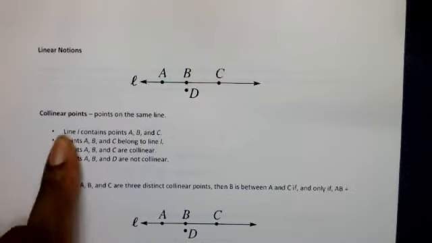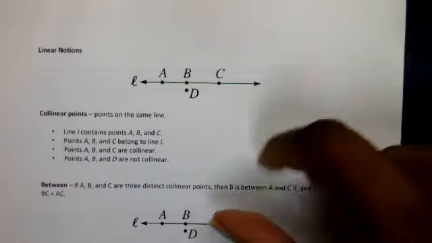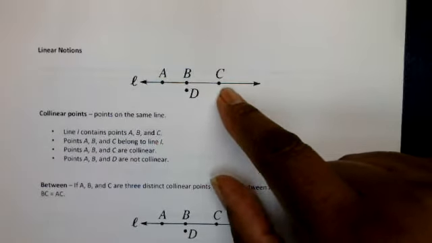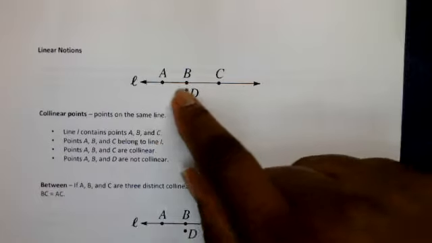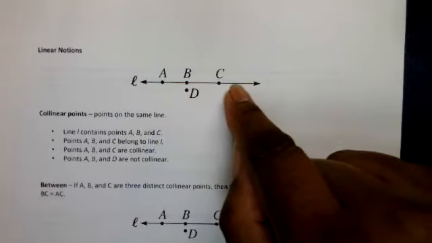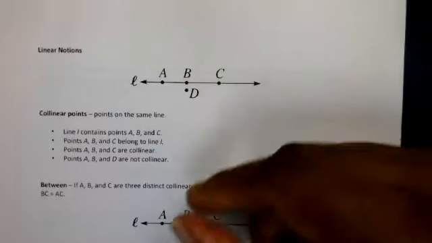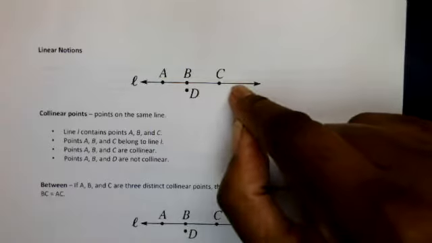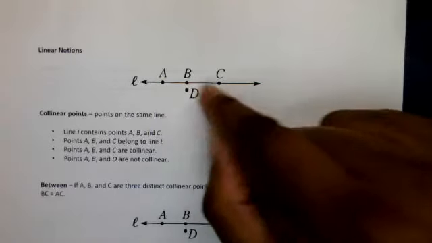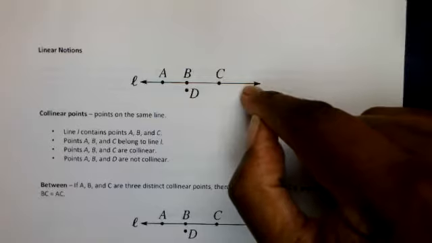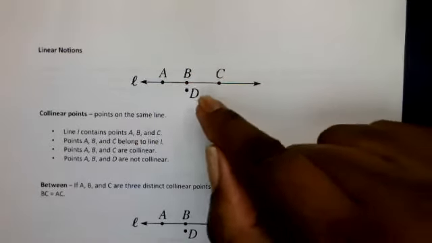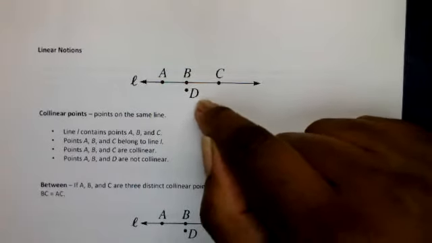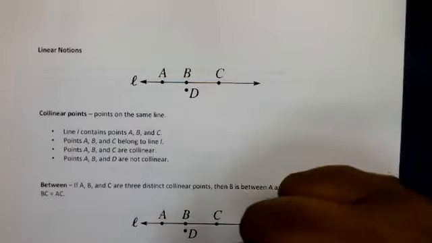So in this case, we can say that line l contains points A, B, and C. Or we can say points A, B, and C belong to line l, since those 3 points are on that line. And we can say that points A, B, and C are collinear, meaning points A, B, and C are on line l. However, points A, B, and D are not collinear because notice that point D is not on the line l.